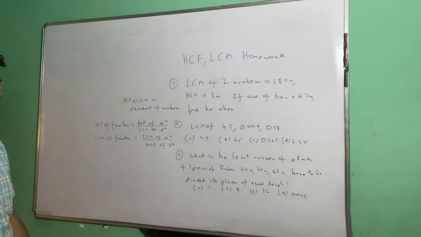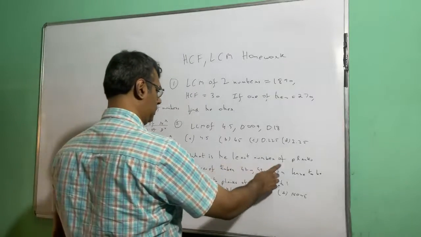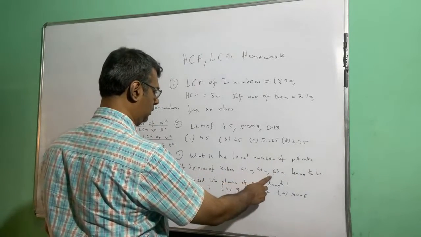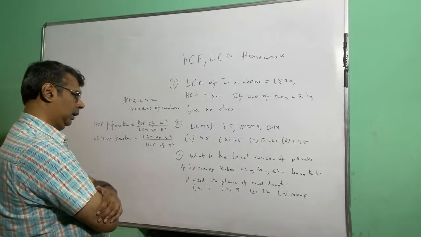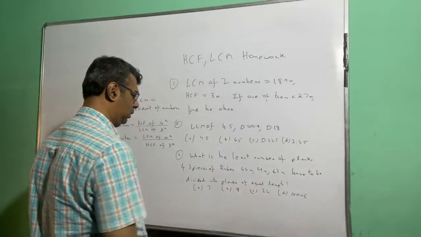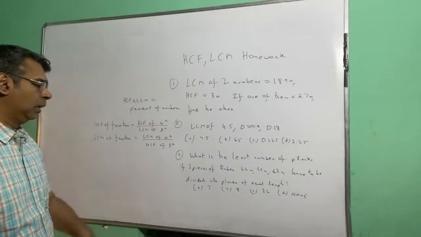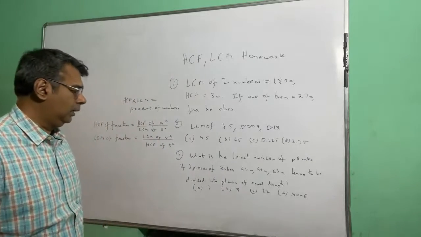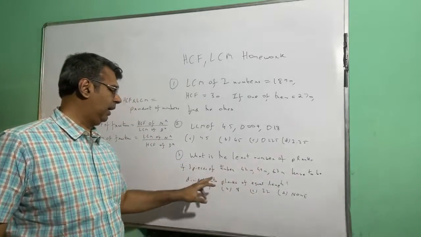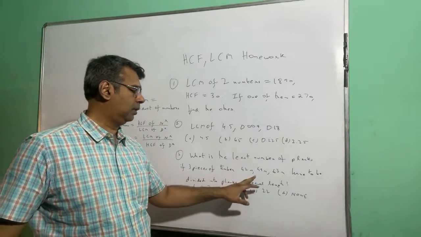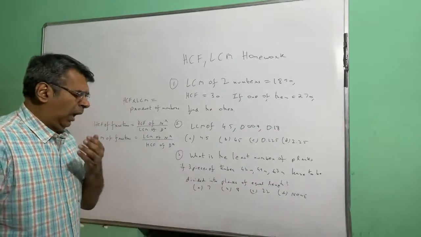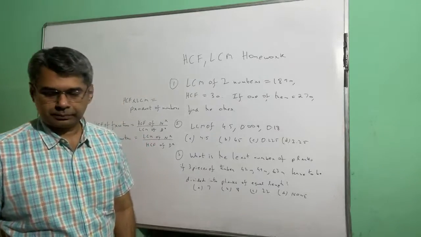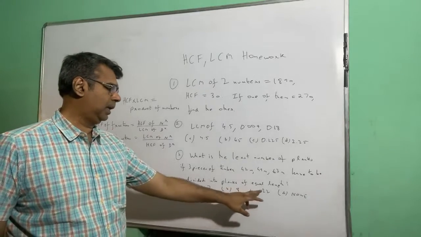Okay, question number 3. What is the least number of planks if 3 pieces of timber, 42 meters, 49 meters and 63 meters, have to be divided into planks of equal length?